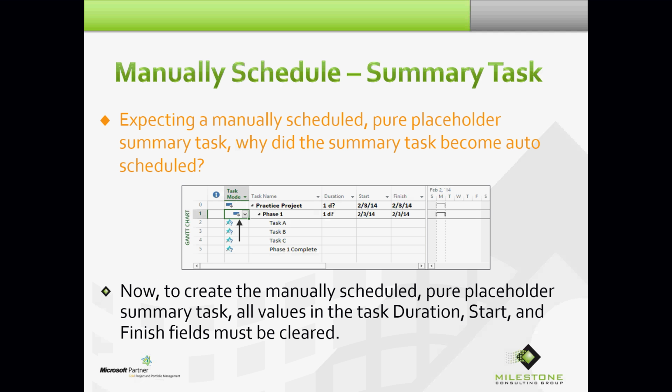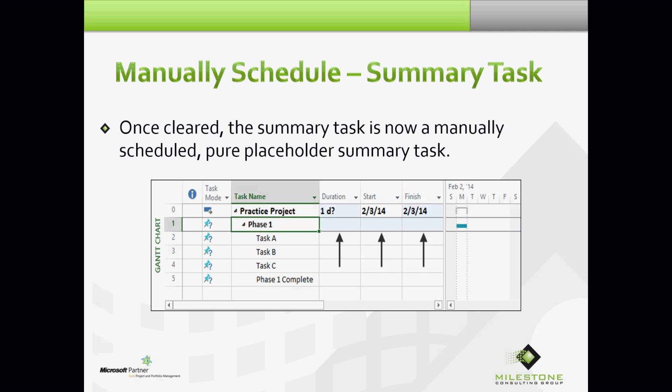So now to create the manually scheduled pure placeholder summary task, all values in the task duration, start and finish fields must be cleared. And once cleared, the summary task is now a manually scheduled pure placeholder summary task. I used the word advanced today in front of the title of this seminar.